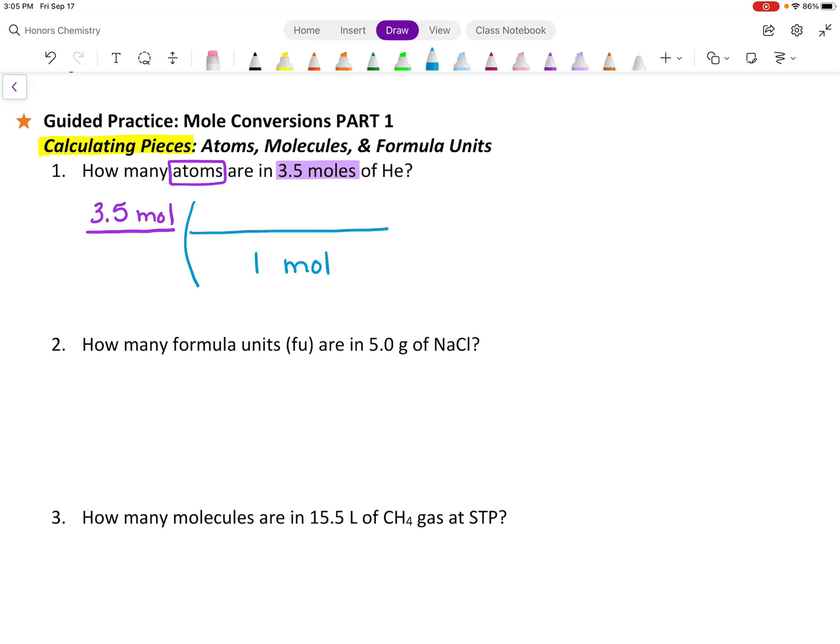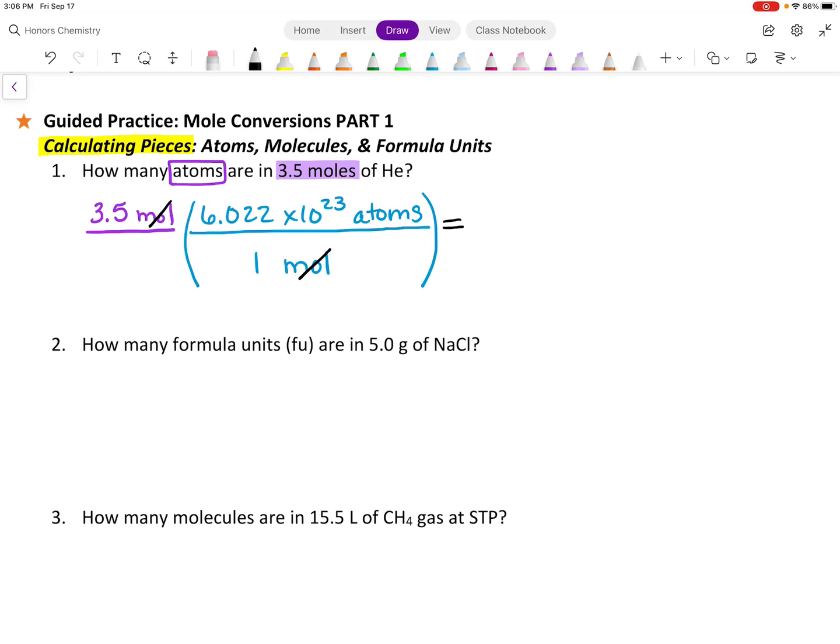And then on the top, I am going to put Avogadro's number, 6.022 times 10 to the 23rd atoms. I can double check that my units cancel. If a unit is on the top and a unit is on the bottom, they cancel. So moles cancel and I'm left with atoms, which is what I wanted to know.